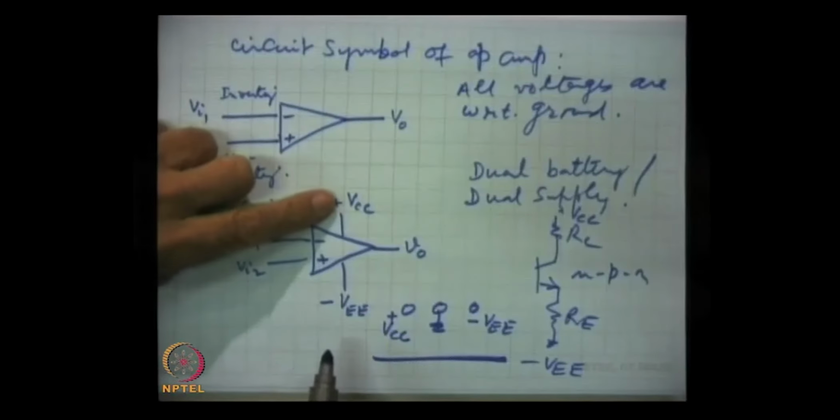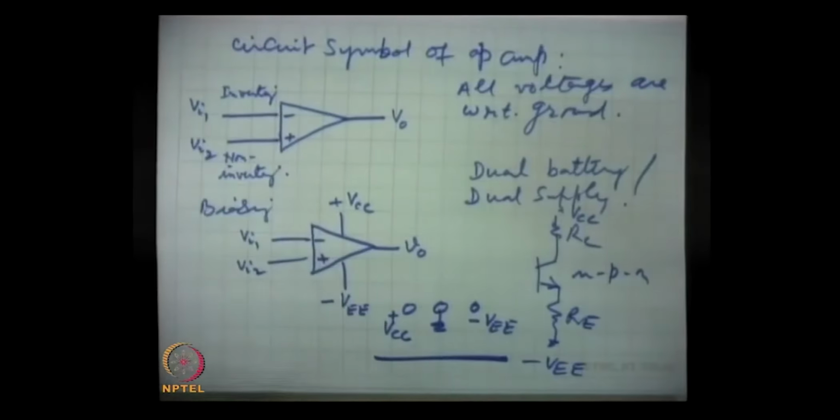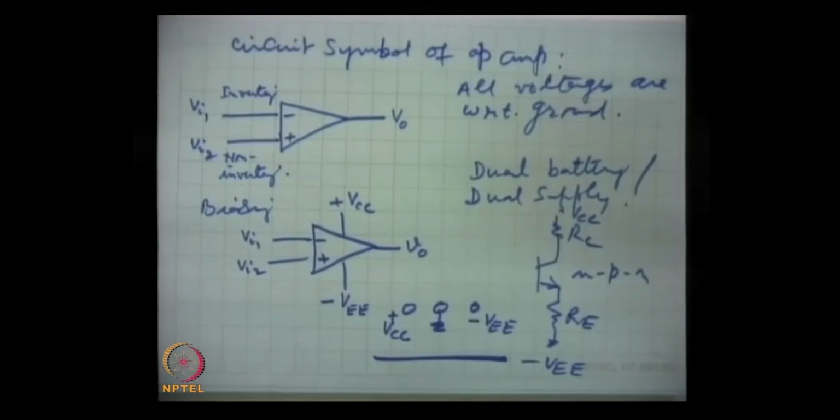There is no condition that both these voltages have to be always identical, but in practice they are used identical. 9 volts, 12 volts, 15 volts, this is the range in which VCC and VEE are used.